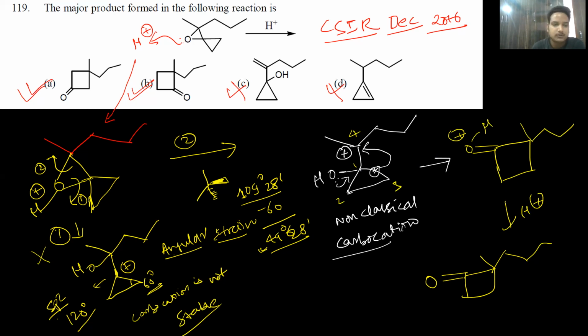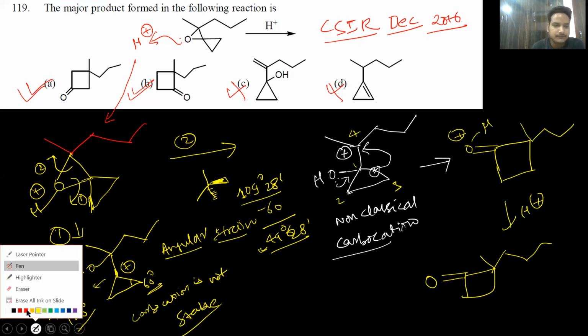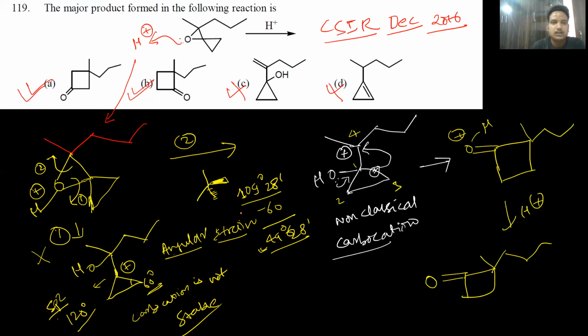So what is our correct option? Option number B is going to be correct. In option B, this substituent and the carbonyl group are on the 1,2 positions. This is the way in which we get the correct answer.